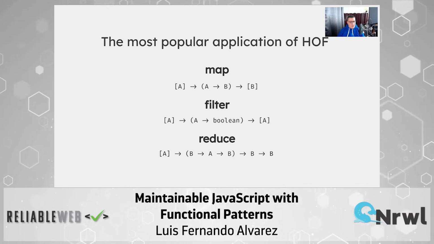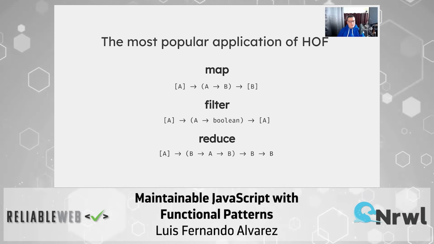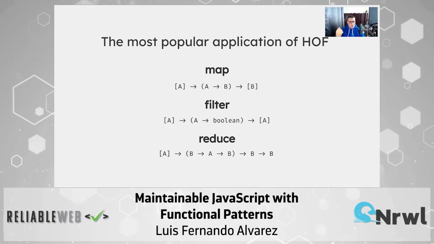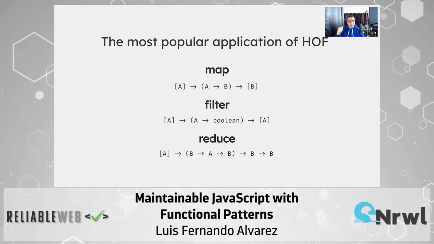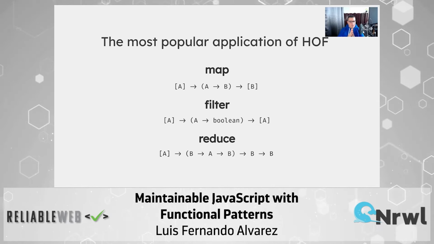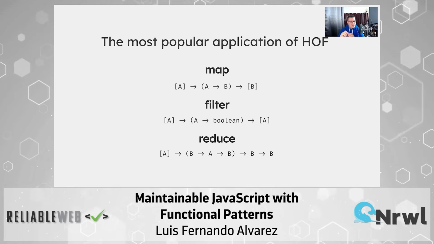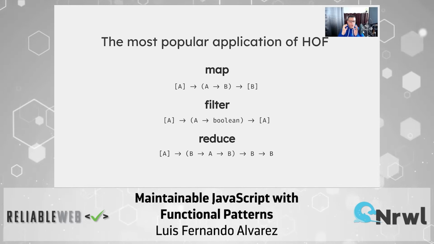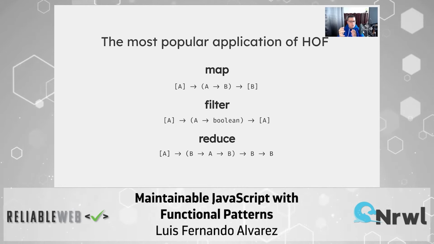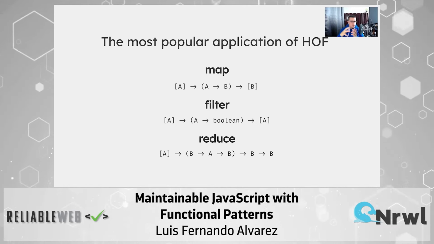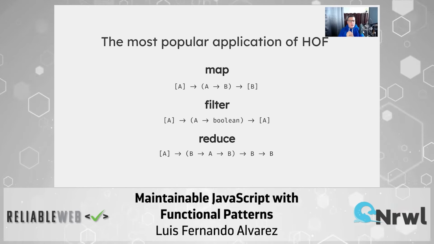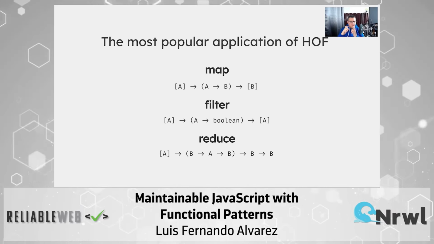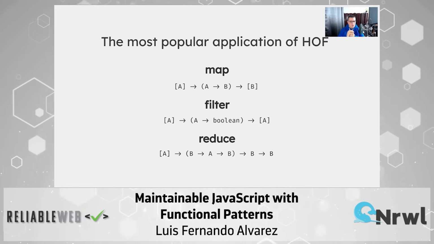And filter, this is the second function that we have. What it does is receive a list of elements of type A, and then a function that transforms those A elements into a boolean. And these functions are what we call predicate functions. The predicates are functions that return either true or false, a boolean value. And as you can see, filter returns a list of elements of type A as well.